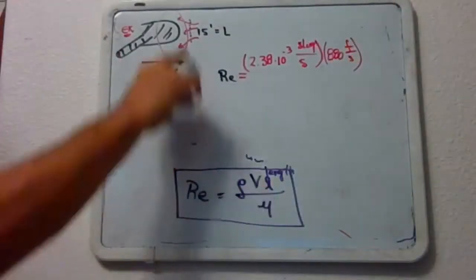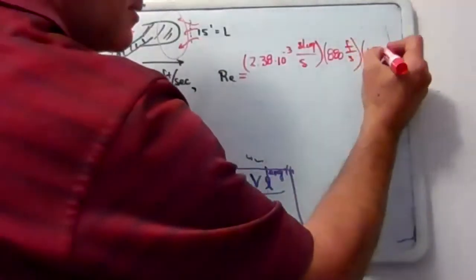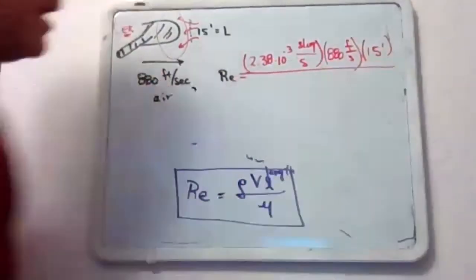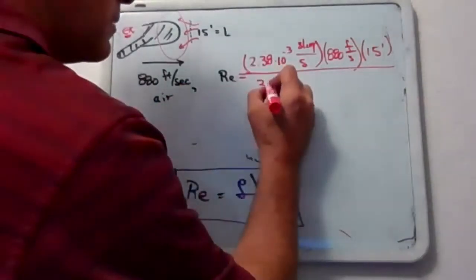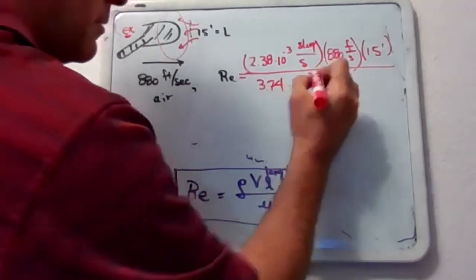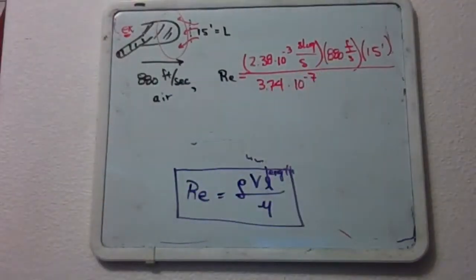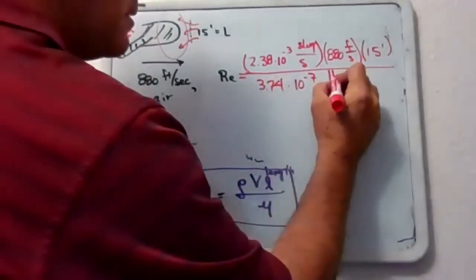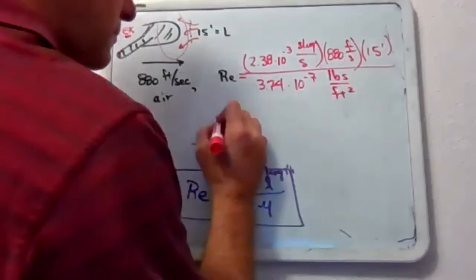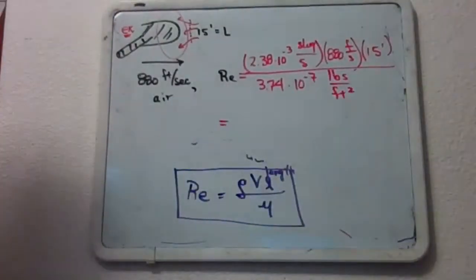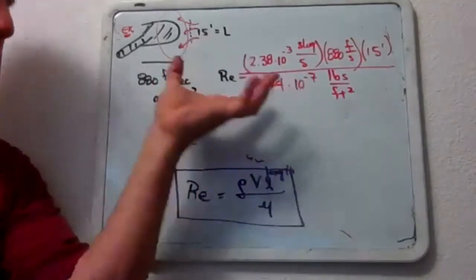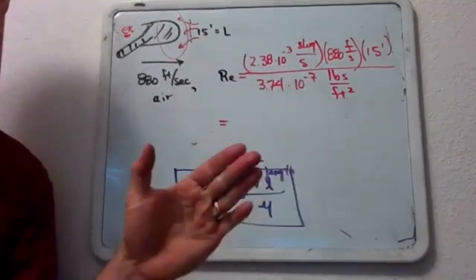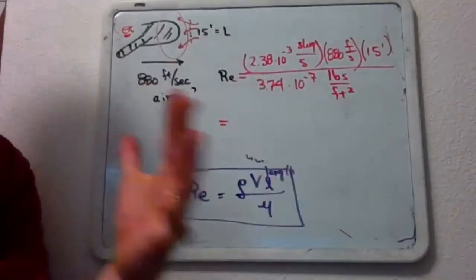I need my characteristic length, which in this case is 15 feet. And I need my viscosity. Okay, keep going, you guys. Please, if any of those numbers don't look right to you, let me know. I encourage you to pull out your calculator and crank through the numbers, and then somehow work out the units, because the units are important as well.